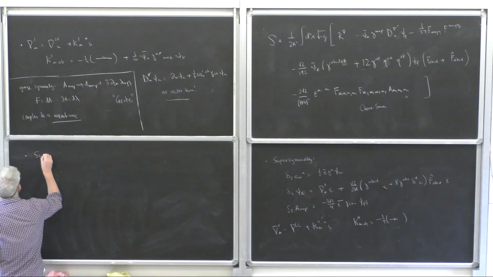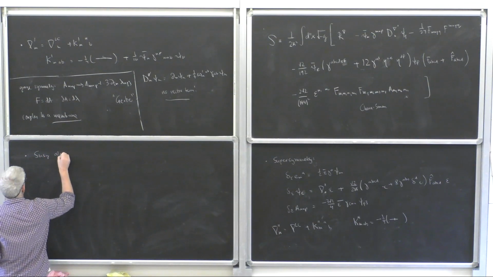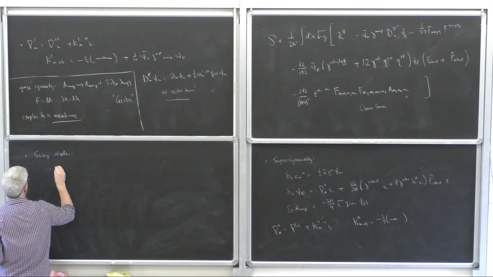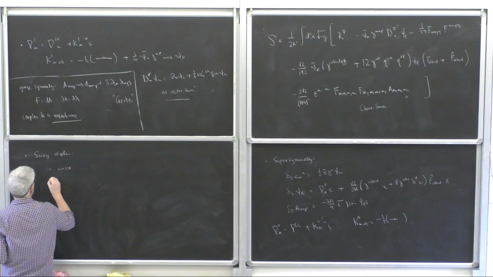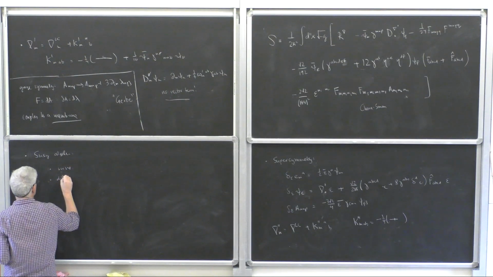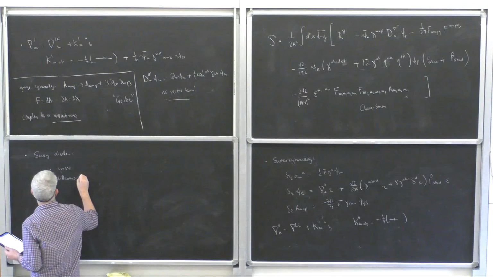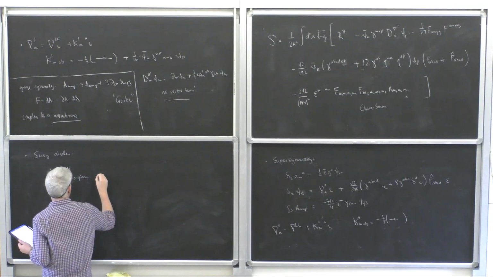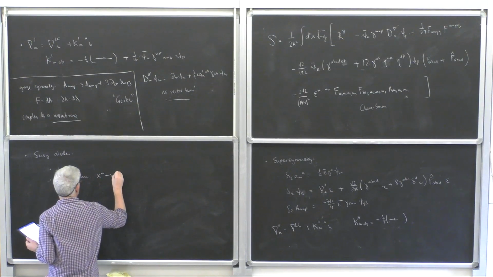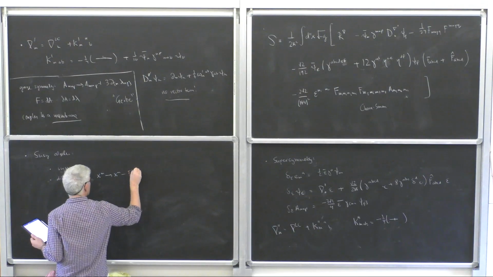For the SUSY algebra, what are the symmetries we have? We have supersymmetry, we have diffeomorphisms, which is like x^m goes to x^m minus psi^m of x.